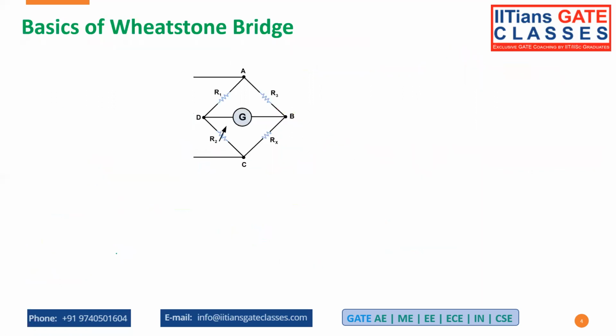Next coming is what all elements are there in the signal conditioning circuit. Basically we are using two elements, or more precisely three elements. First is going to be the Wheatstone bridge. This is the most widely used signal conditioning circuit.